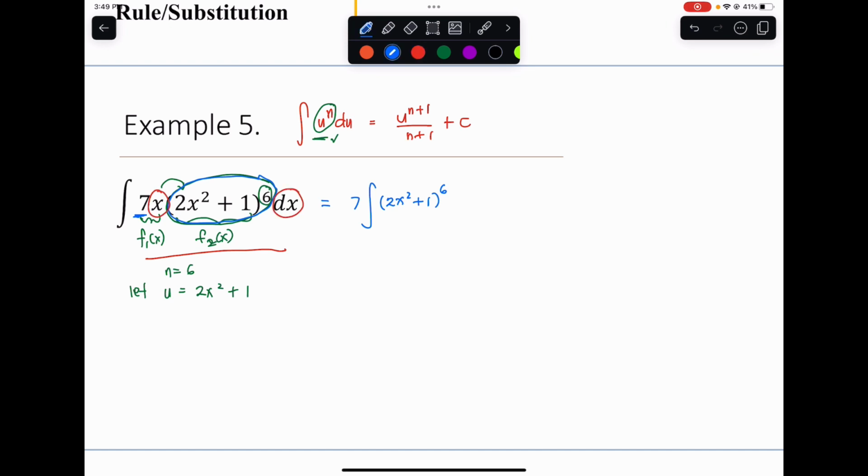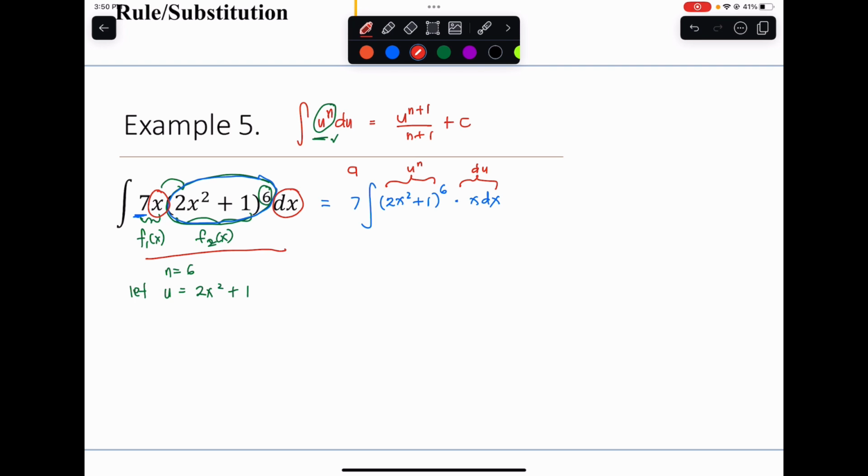So we have 7 times the integral of (2x squared plus 1) raised to 6, multiplied with x dx. In short, this corresponds to u raised to n, this one corresponds to du, and we have the 7 for our numerical coefficient a.